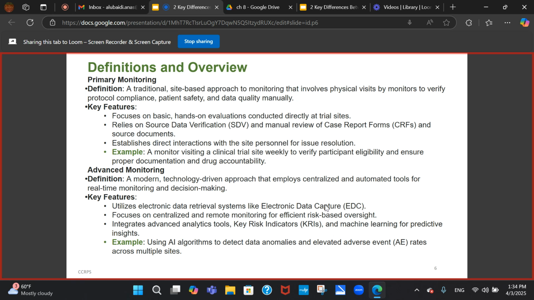And here, multiple sites means the sites that are conducting that particular trial.